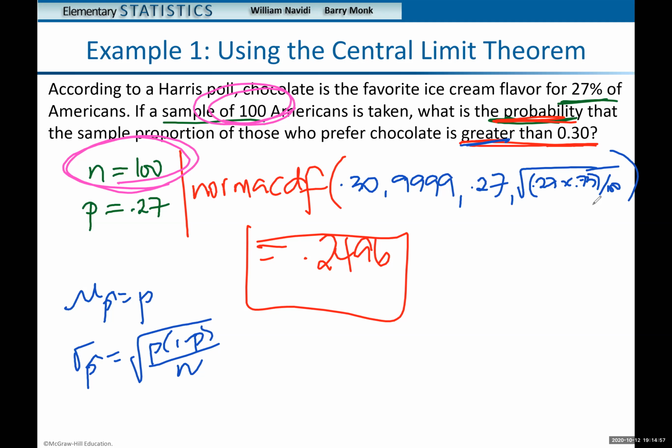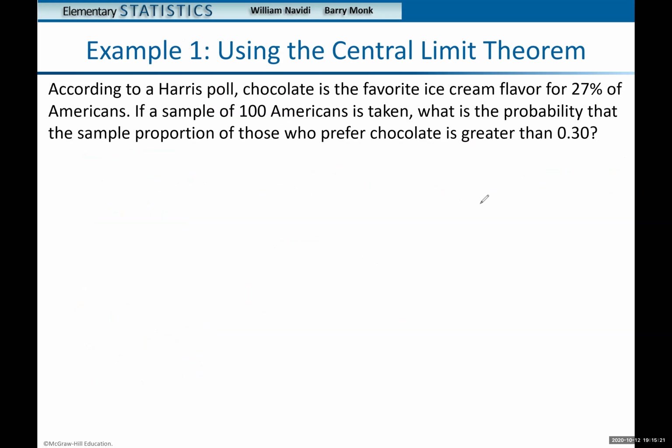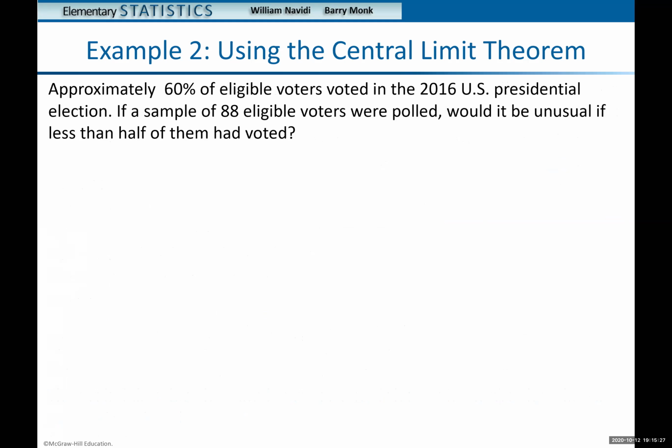Again, if n is greater than 1, then you have to use the central limit theorem. It will also be stated in the problem whether you're talking about sample means or sample proportion. Sample mean is 7.3, sample proportion is 7.4. That's how you check each problem, so that you know which formula you're going to use. So like this one, approximately 60% of eligible voters voted in the 2016 US presidential election.